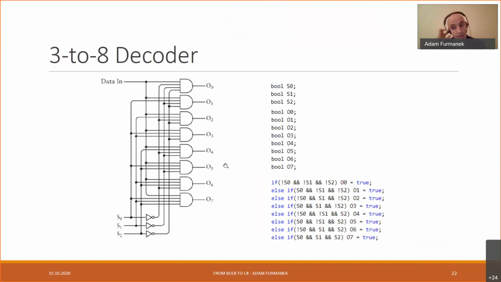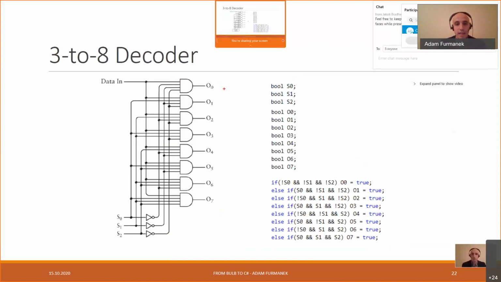Only one of these outputs will be emitting the current, so only one light switch would be on. And because of that, we can use only one output to figure out which instruction is to be executed next. You can imagine that, for instance, this output would represent the add instruction. This output would represent something like the negation instruction, etc.